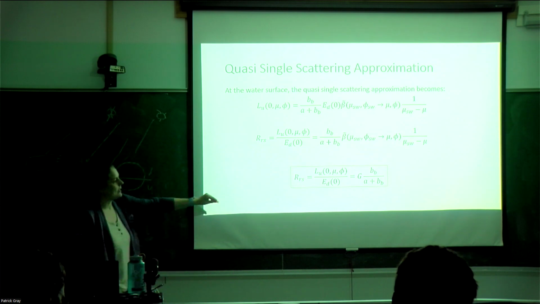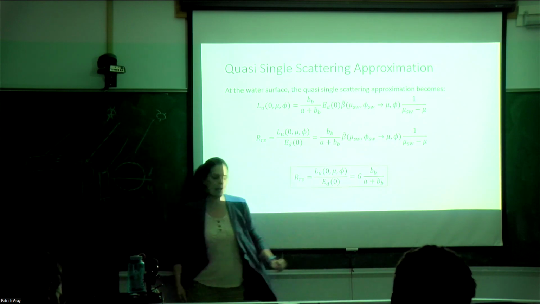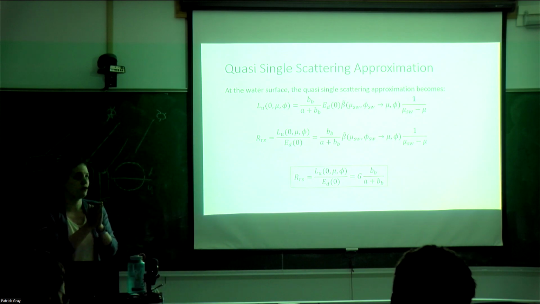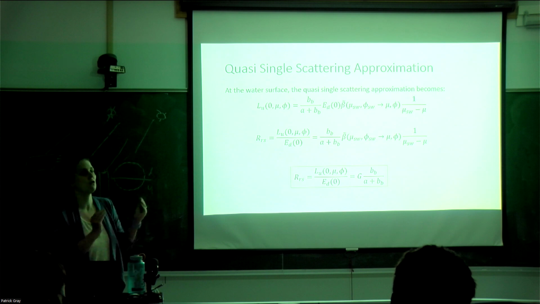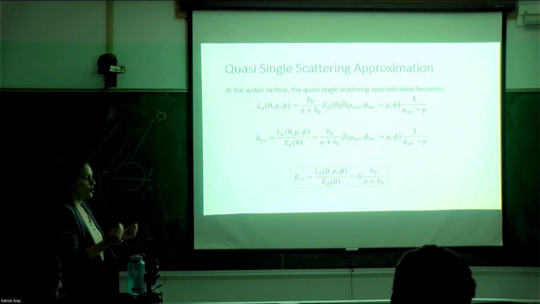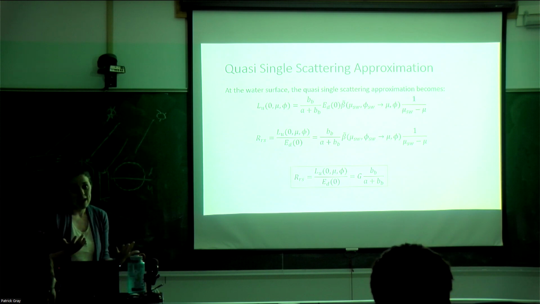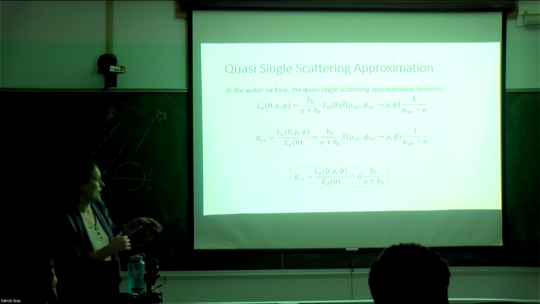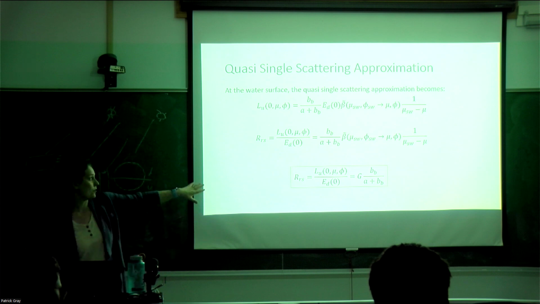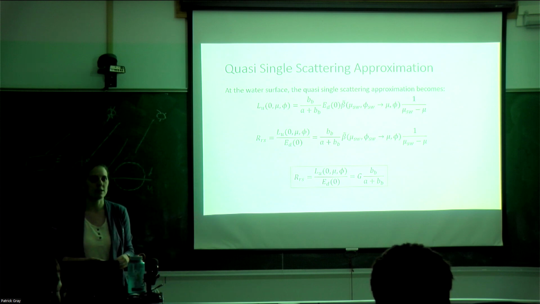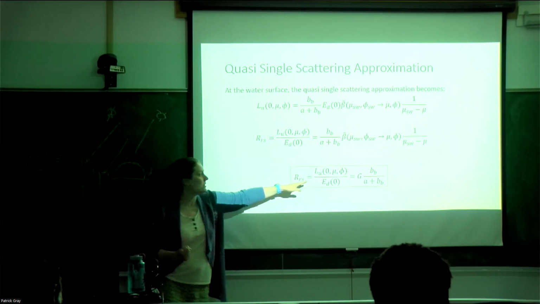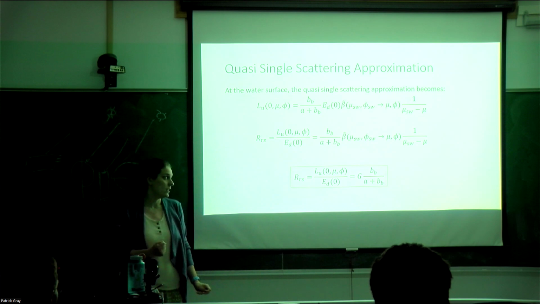But the point is here, like this G, there's papers in the literature that have numerically derived a value to represent that G by. So using things like Hydrolight, where they put in a bunch of different geometries and then look at the relationship between those IOPs and the remote sensing reflectance. So then you can use this approximation to get a sense of what your remote sensing reflectance is if you've just measured IOPs.